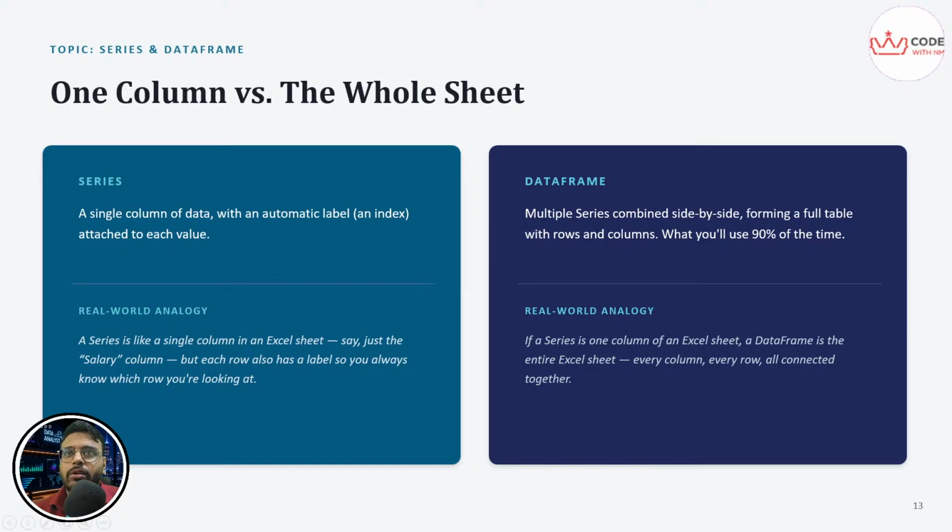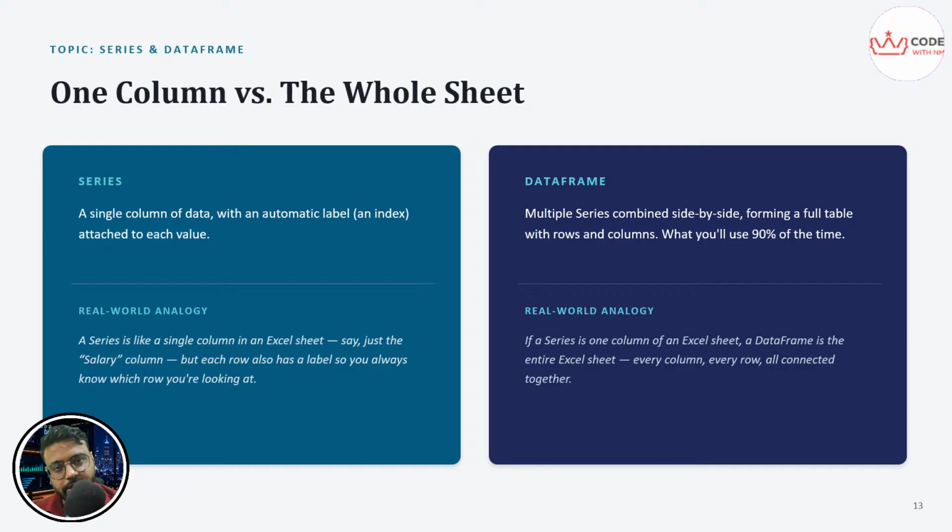Okay, now let's understand data frame, because from right here up till ML and AI we will be working with data frames only. A data frame is Pandas' most important structure. Think of it as multiple series combined side by side, forming a full table.